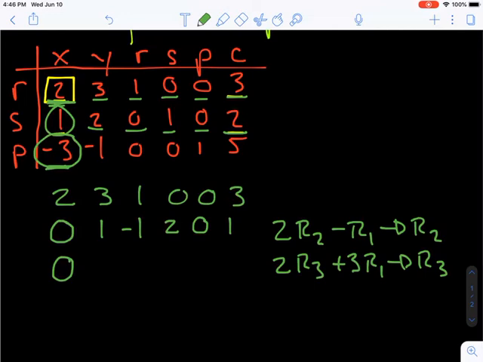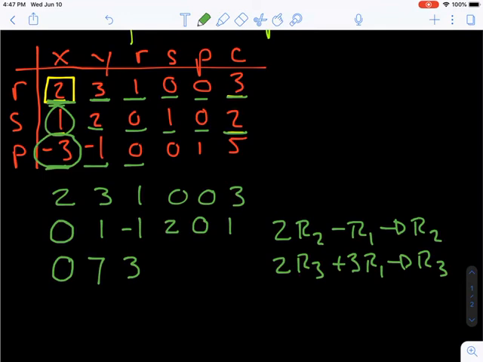Going to the next column. 2 times a -1 is a -2. Plus 3 times 3 is 9. 9 and a -2 is 7. On to the R column. 2 times 0 is 0. Plus 3 times 1 is 3. To the S column. This one is easy.